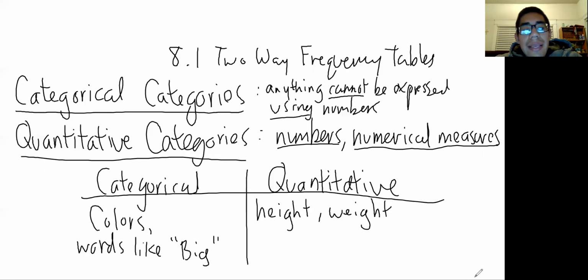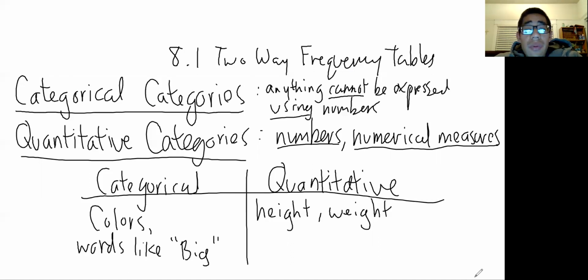Well, examples of this, colors are categorical, right? Because blue cannot be represented by any number. I mean, I guess we could assign a number to it, but generally speaking, when I say blue, you don't usually think of a number, right? So any kind of color would be considered a category. Versus a quantitative, right, would be something like your height and weight.